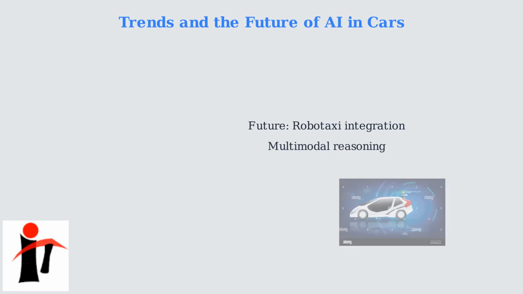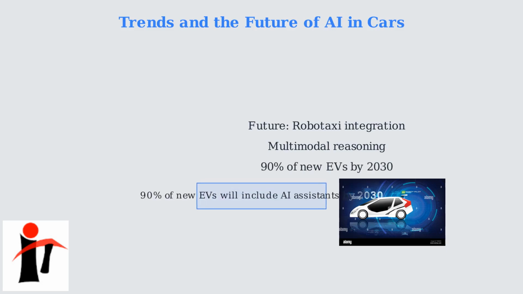Future developments will also include multimodal reasoning capabilities, allowing AI to analyze dashcam footage, interpret road signs, and make real-time decisions based on visual and sensor data. Industry analysts predict that by 2030, 90% of all new electric vehicles will come equipped with AI assistant technology, making it a standard feature across the automotive industry.